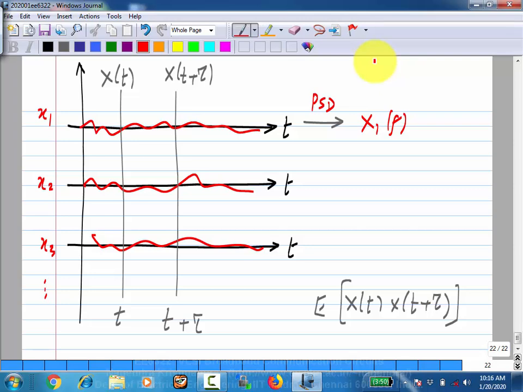I earlier described the difference between the energy spectral density that you use for an energy signal versus the power spectral density that you use for a power signal. The energy spectral density is nothing but the magnitude squared of the Fourier transform. But for signals which have a non-zero average power, this measure diverges. So you take the average power, you have a 1 over T. It looks like the Fourier transform, but you have a 1 over T with T going to infinity.